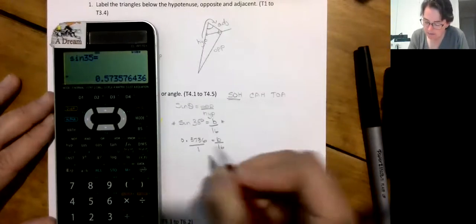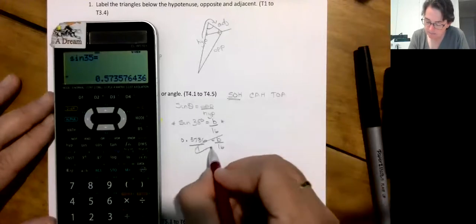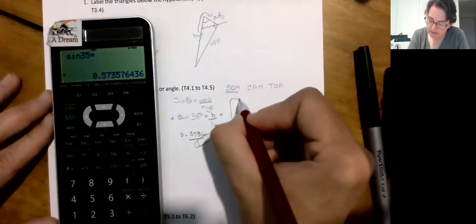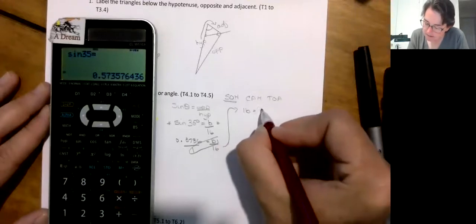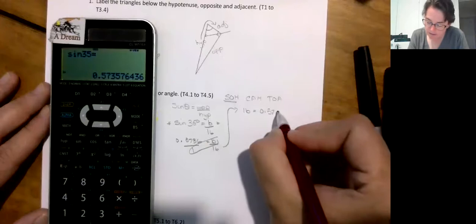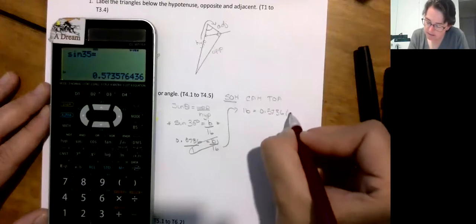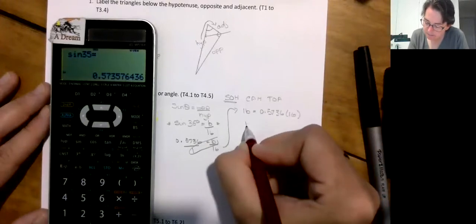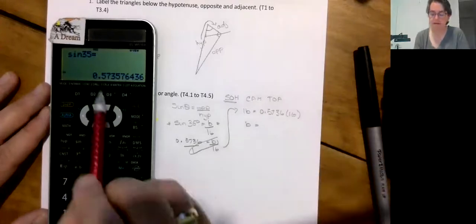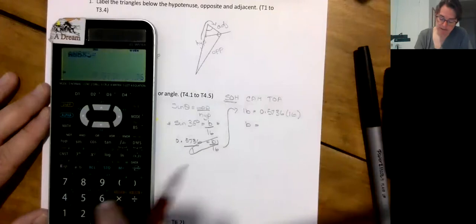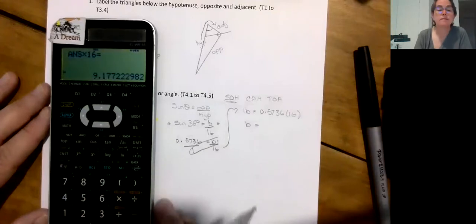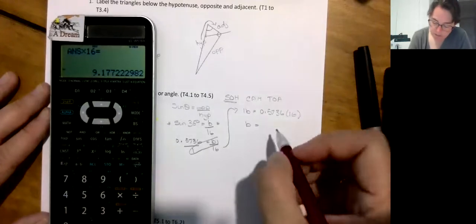I'm going to cross multiply. 1b equals 0.5736 times 16. And I am not going to clear that off my calculator. I'm just going to multiply it by 16. And I get 9.1.